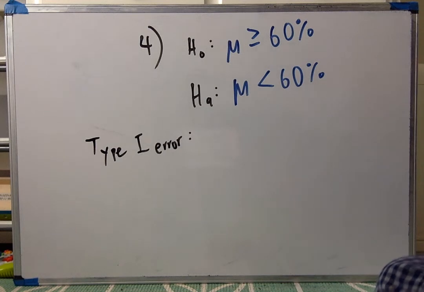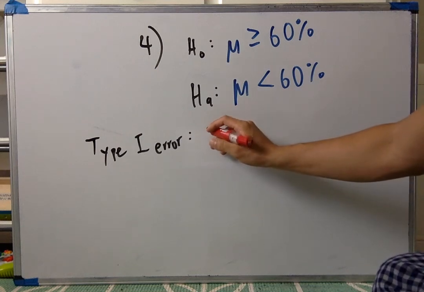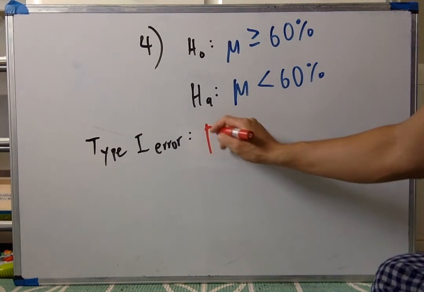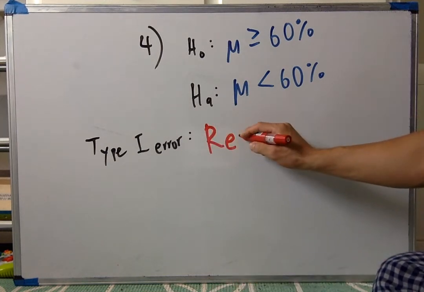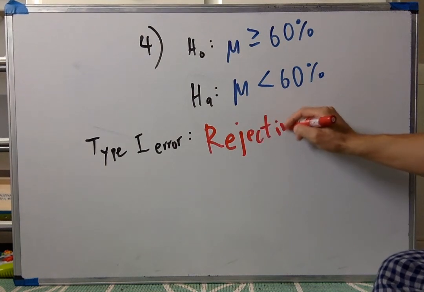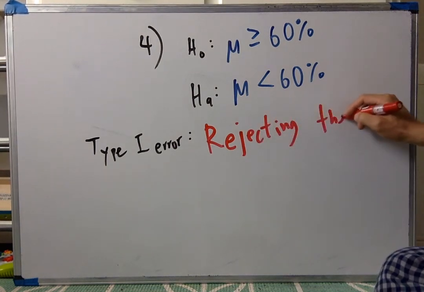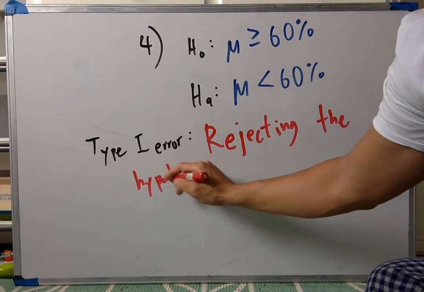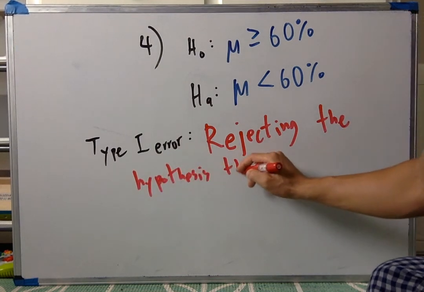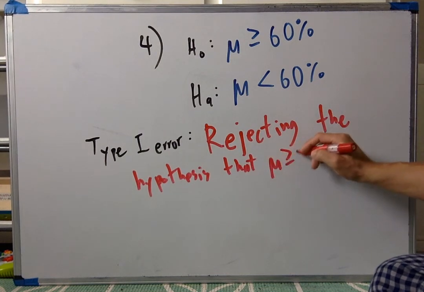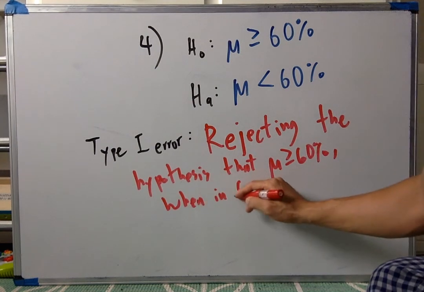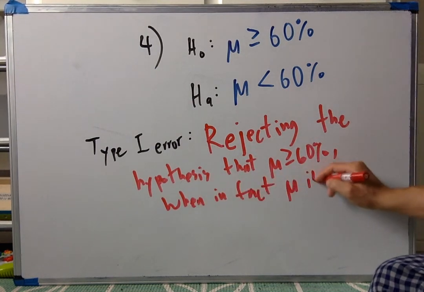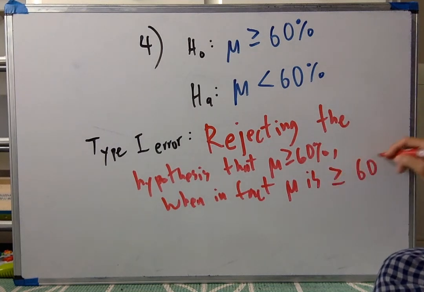Type 1 error would be rejecting the hypothesis that mu is bigger than or equal to 60%. So I'm going to write a phrase here, not a complete sentence: rejecting the hypothesis that mu is bigger than or equal to 60% when in fact mu is bigger than or equal to 60%.